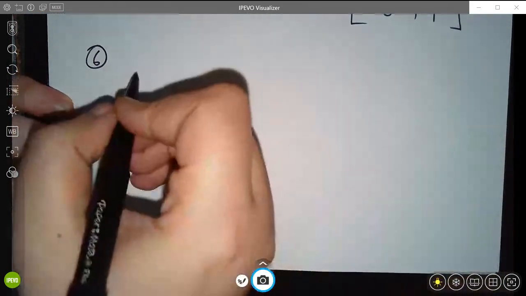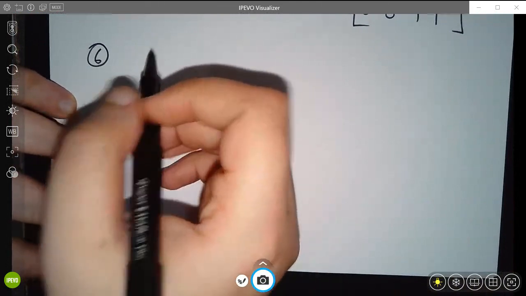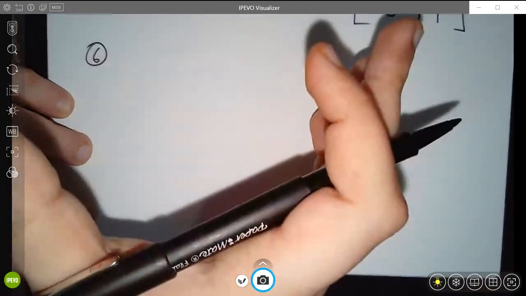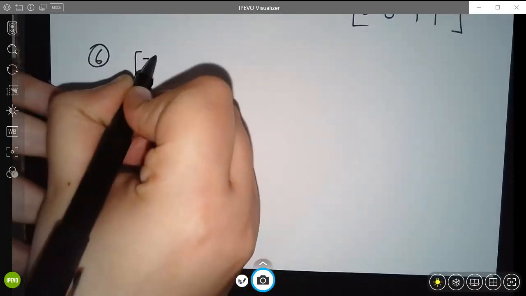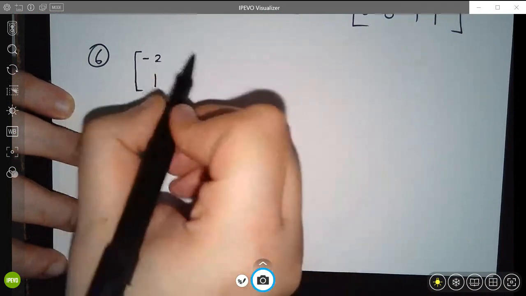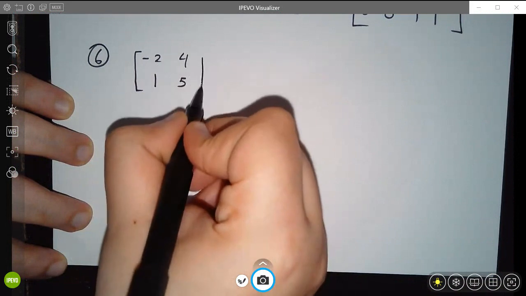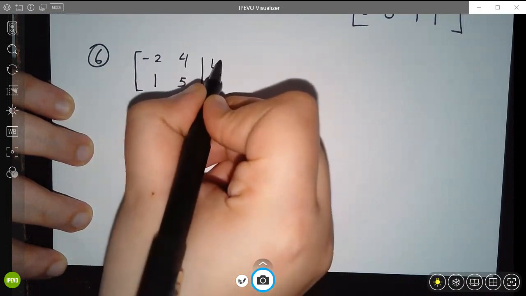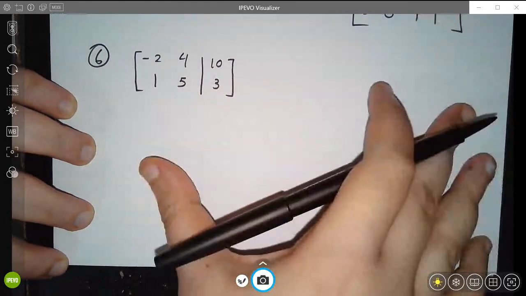Now in this one, here is the matrix I want you to try and, well, let's not say solve. Try and play with. Okay? Let's say you have a -2 and 1 in the first column. You have 4 and 5 in the second column. Here's the answer line. And then you have 10 and 3 as answers, and close out the matrix.